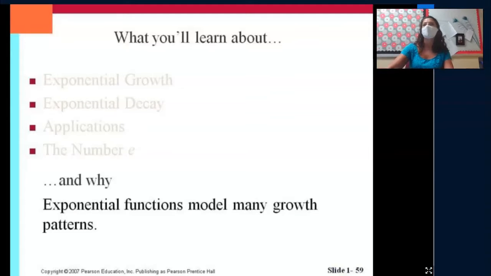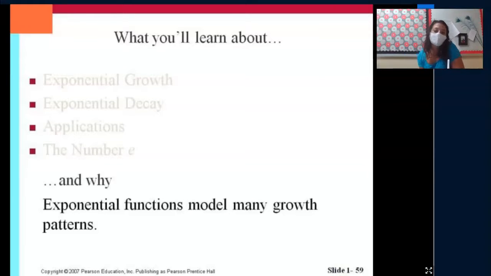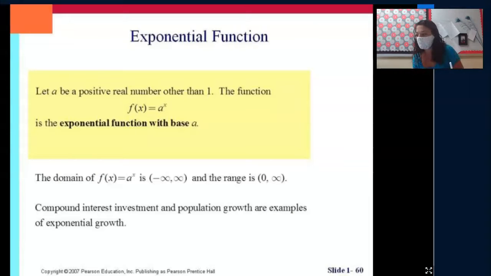They allow us to look at exponential growth and decay, applications, and the number e.